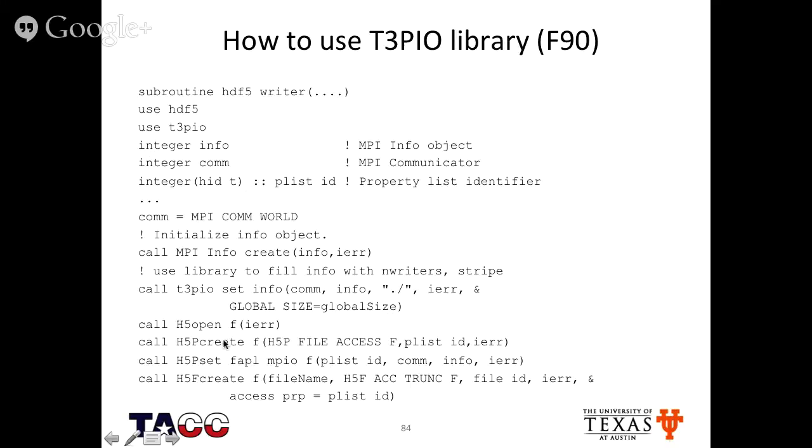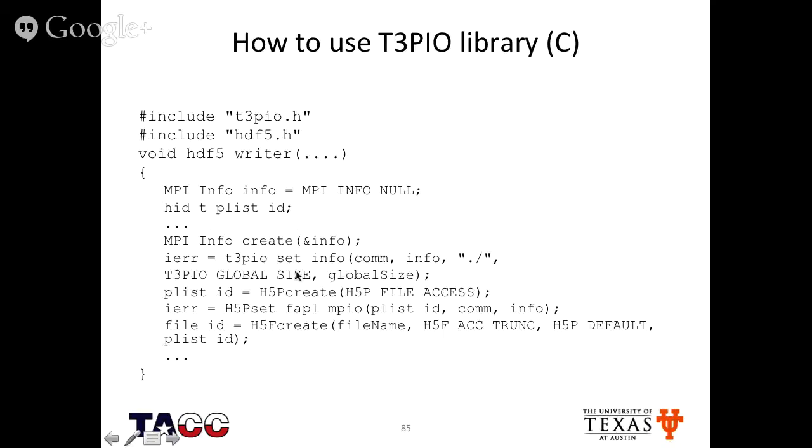The things with the little spaces here are really underscores. Then you call set FAPL MPIO, which tells it you're going to do things in parallel, and finally you open the file with this plist ID. Similarly, you do the same thing in C, where you create the file finally.